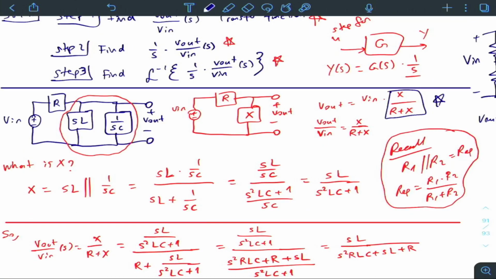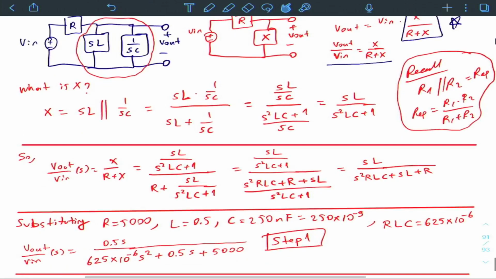That makes sense, and here this is the transfer function, and let's substitute X. This is the transfer function, and this is the X term, right?